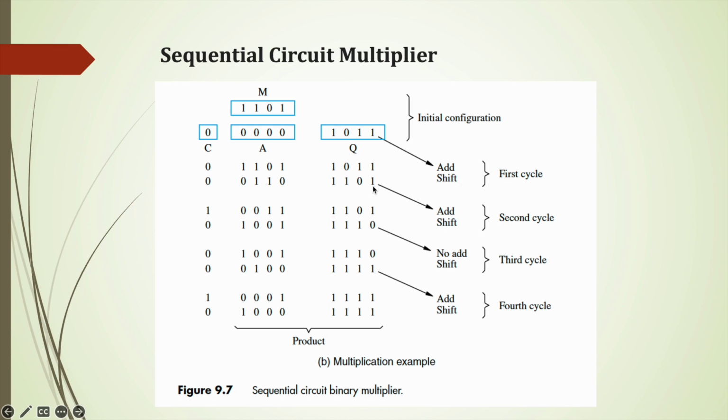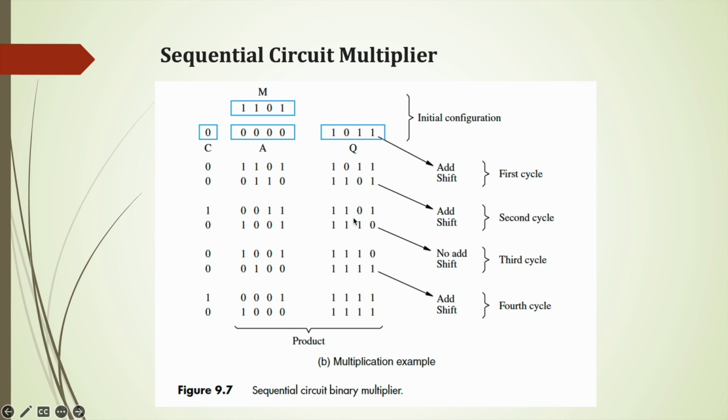Now what is the least significant bit of Q? It is 1. So if it is 1, we have to add the M value and shift. Let's add 1 1 0 1 to this value. If we add 1 and 0, I'll get 1. 1 and 0, 1. 1 and 1, this one and this one. 1 and 1, 0 and 1. 1 and 1, 1 plus 0 plus the carry 1 is 0. 1 0. 1 here, 0 here, 1 here.